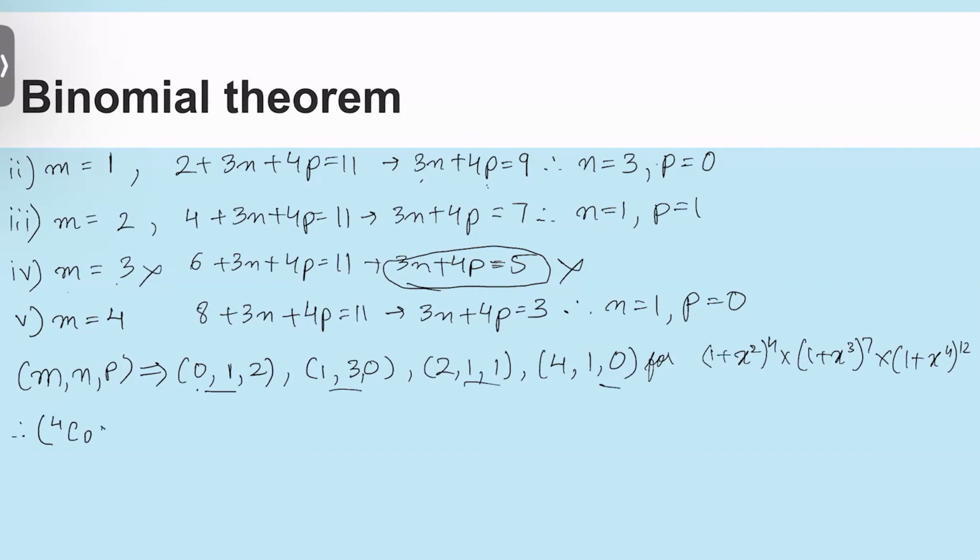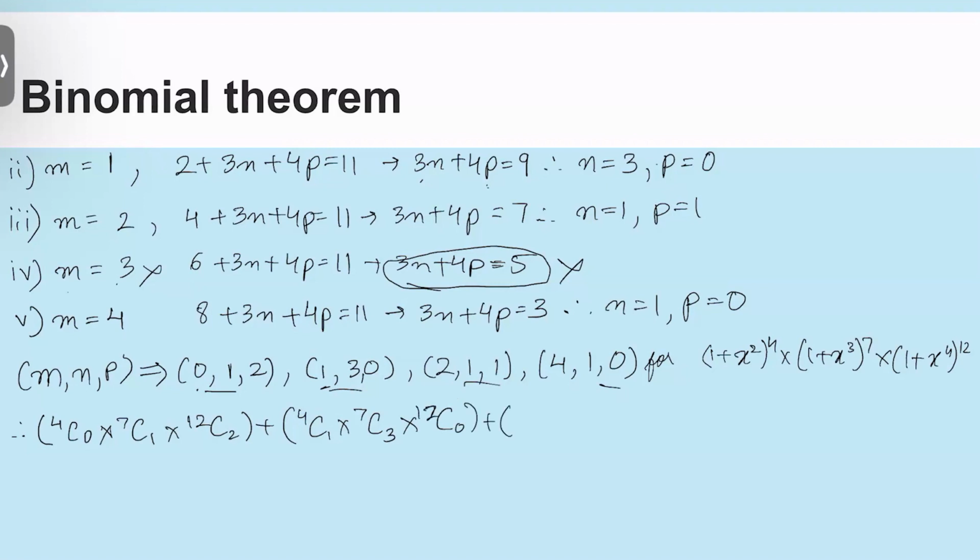So that will be 4C0 multiplied by 7C1 multiplied by 12C2, plus you have 4C1, the second combination, multiplied by 7C3 multiplied by 12C0.